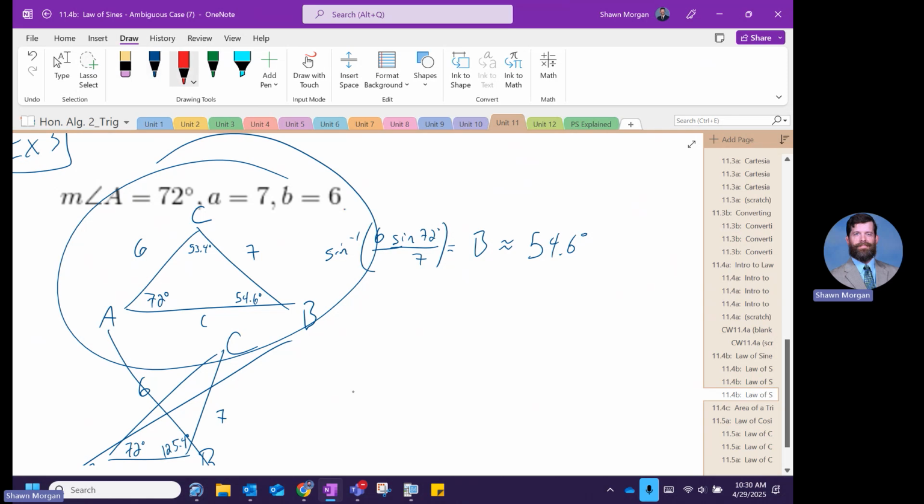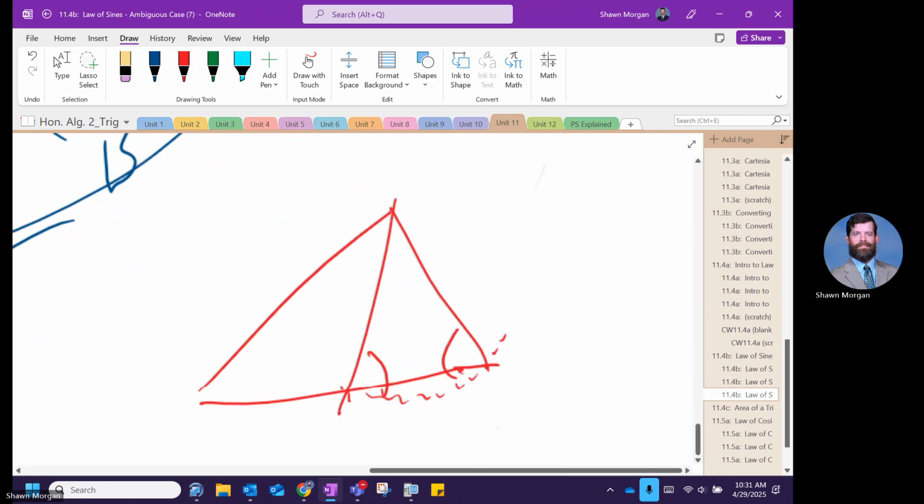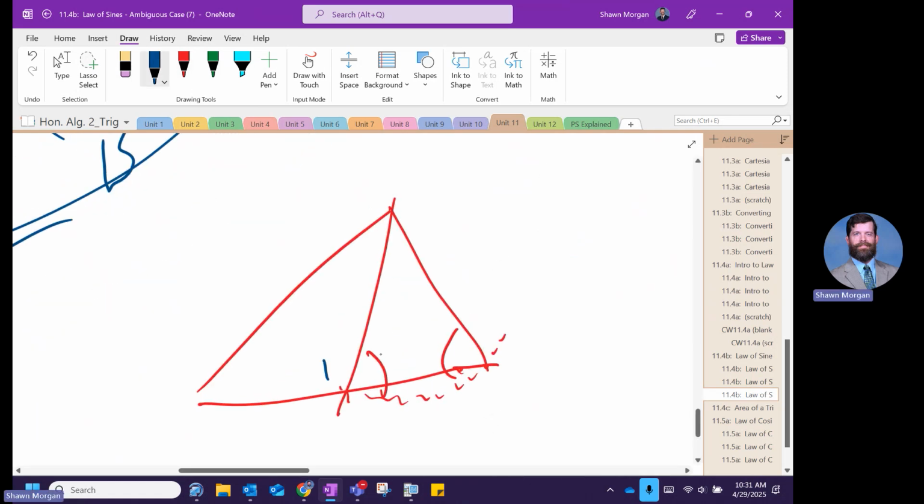The idea is that if I've got a measure of angle 1, 2, and 3. 2 and 3 are congruent because this is an isosceles triangle. We swung that known side from right to left. So 2 and 3 are congruent, and 1 and 2 are supplementary because they make a straight angle.